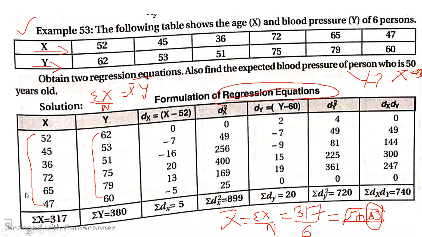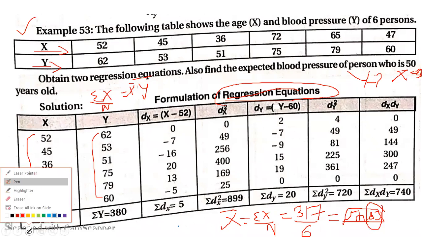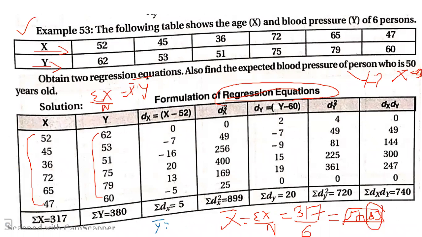Okay, same thing. Let us find out the value for y bar. y bar is 380 divided by 6. Find the value. One we got 52.83. Find the other value. 63.33.